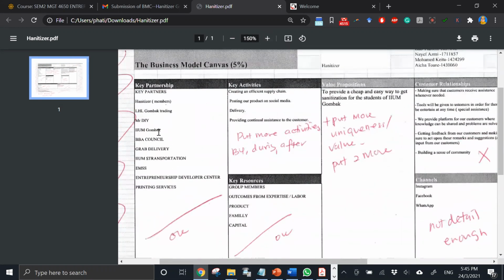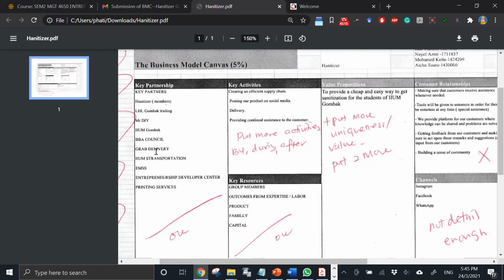The key partners: sanitizer members. This is wrong. They should put that under key resources, or they already put group members here. This is the supplier, Mr. DIY. Basically, you don't have that. BB Council is a must.